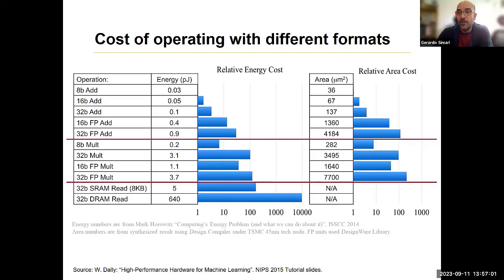So it's pretty interesting to see what the relationships are between these numbers, especially if you look at the difference between the floating points and the integers. And the same thing for multiplication. Compare multiplying an 8-bit number versus a 32-bit floating point number.